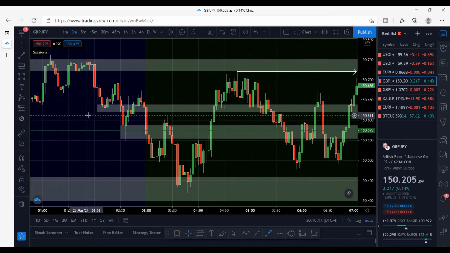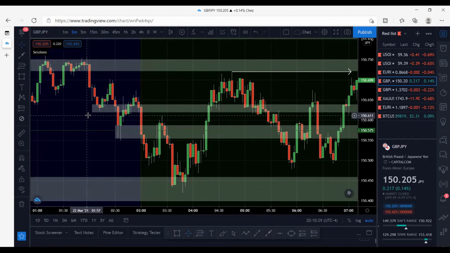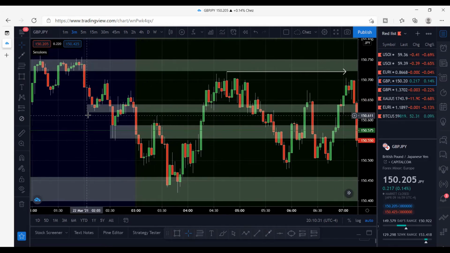And if it breaks right there, we could look for more moves. Keep in mind that that could just be the pre-New York shakeout. That basically means a manipulation before further moves down. But let's see, or it could just be a breakout. I don't know.